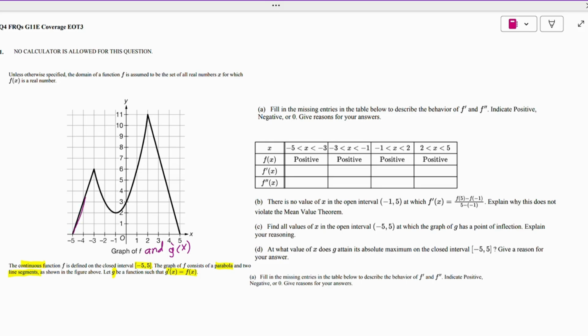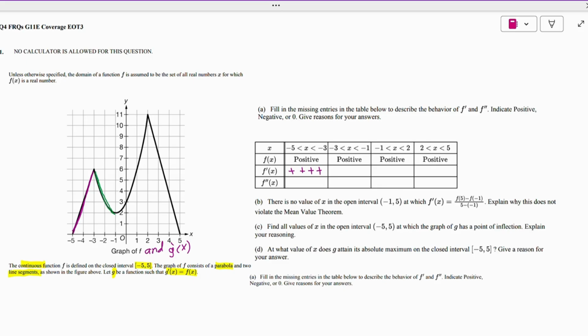From -5 to -3, the function f is increasing, right? F is increasing. And if something is increasing, its derivative will be positive. So I'm just going to indicate positive. Now, from -3 to -1, if you look at this portion, it is decreasing.